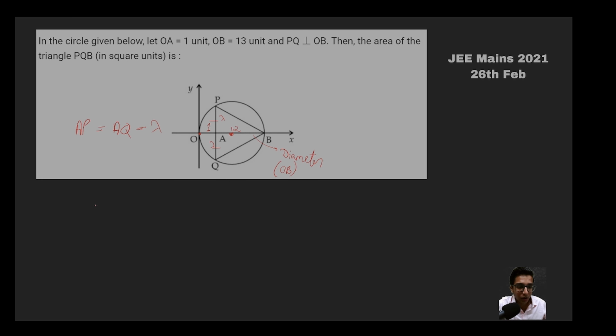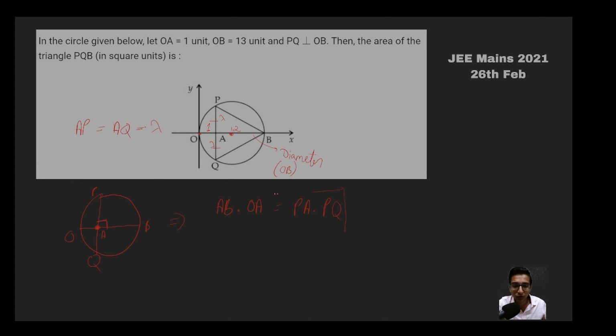Now, I hope you all remember, if there is a circle and there are two lines passing through the circle, and let's say this is point A, this is B, O, P and Q, then this used to be a geometrical property of a circle, that AB into AO is equal to AP into AQ. If there are two lines inside a circle that intersect each other at a point at 90 degrees, then we can say that the products of the segments from the point of intersection are equal.